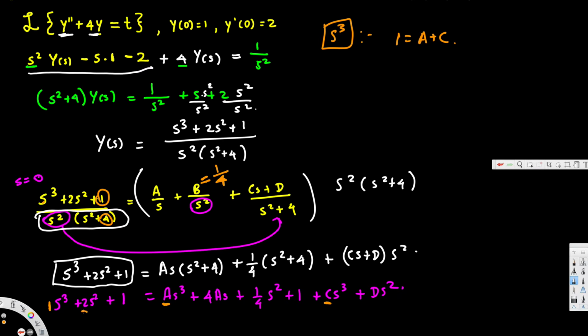And in front of s square we have 2 right here, 1 over 4 right here, and d right here. So if we compare s square, that's going to be 2 is equivalent to 1 over 4 plus d. And the next thing is we have constants.